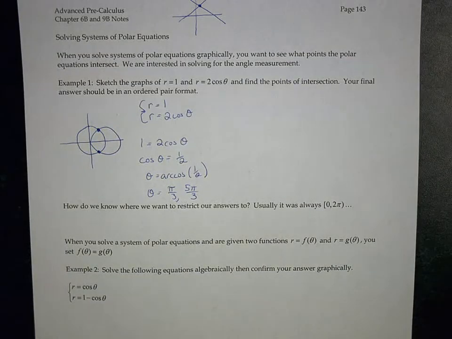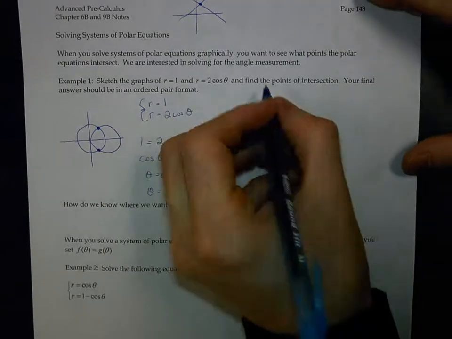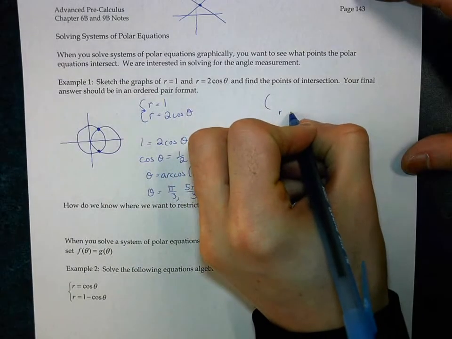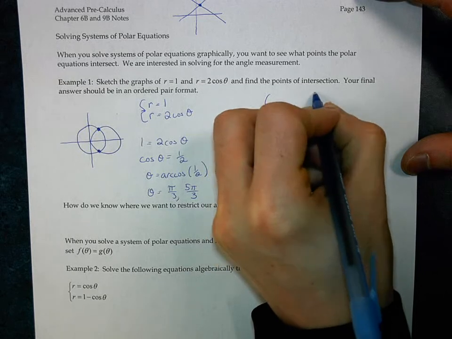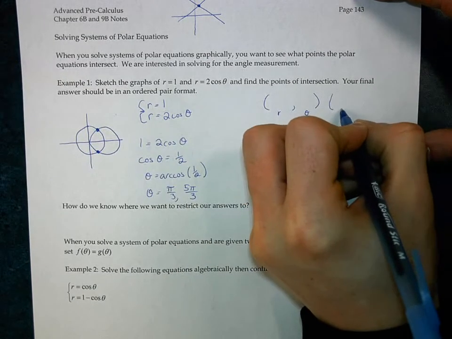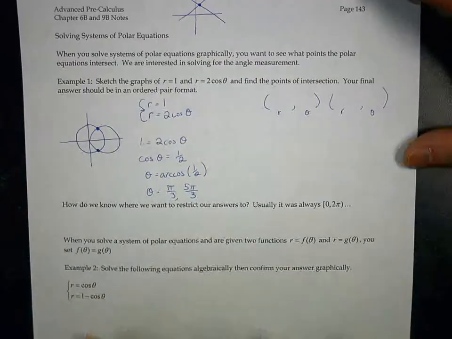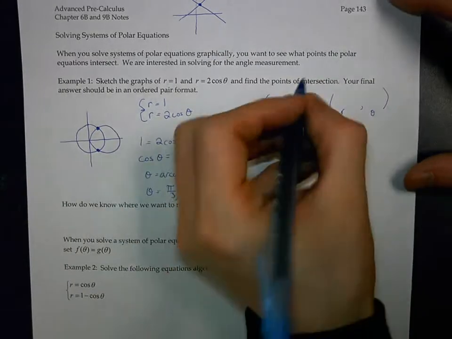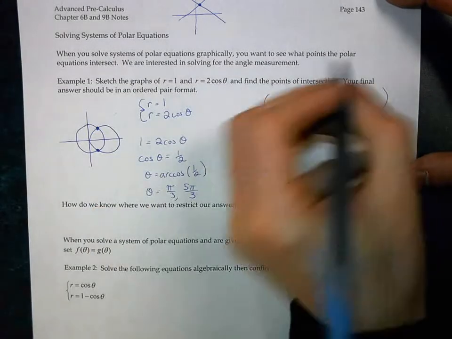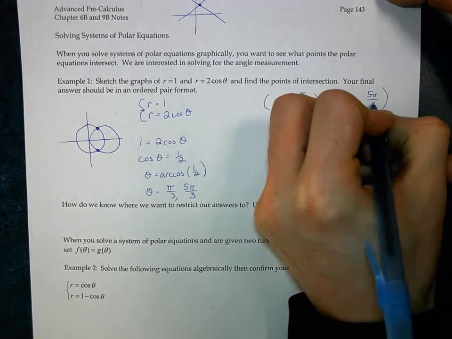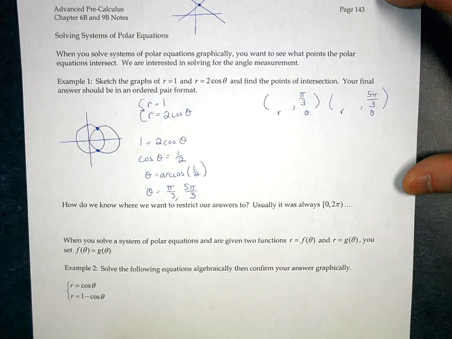Now I would like the ordered pair. And we know each of the ordered pairs is in r, theta format in polar coordinates. Well, I know my thetas here are pi over 3 and 5 pi over 3. What's my r value?